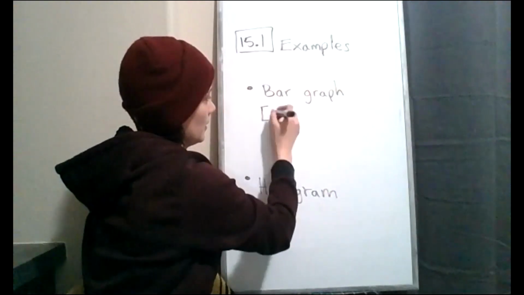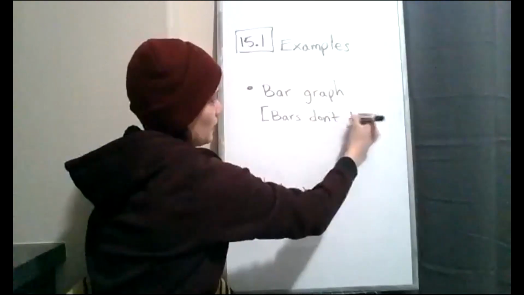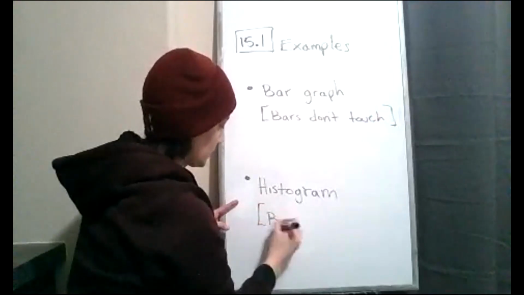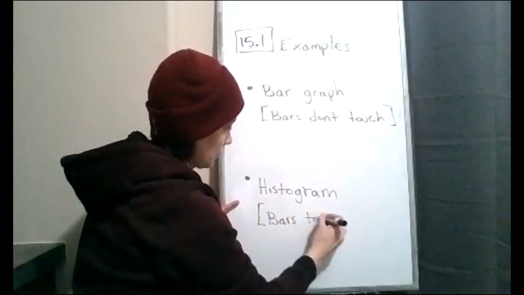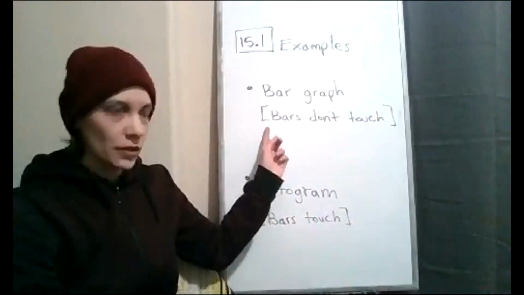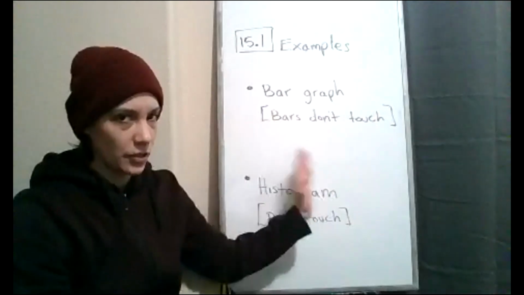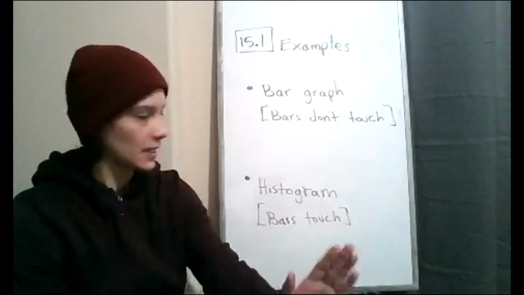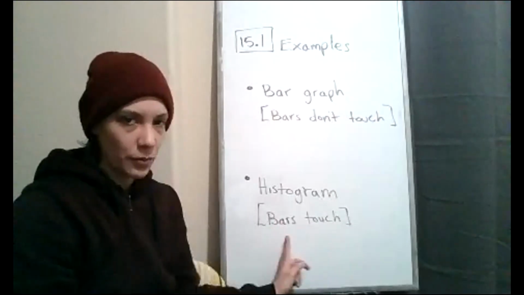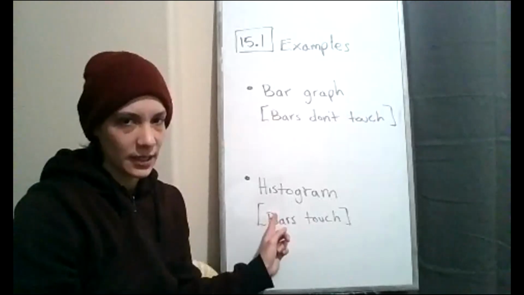Okay, so this is when you have separate categories, so the bars don't touch, kind of shows the distinct categories. And in a histogram, you have intervals, and from one to the other, those bars will be kind of touching. We're going to practice this today.